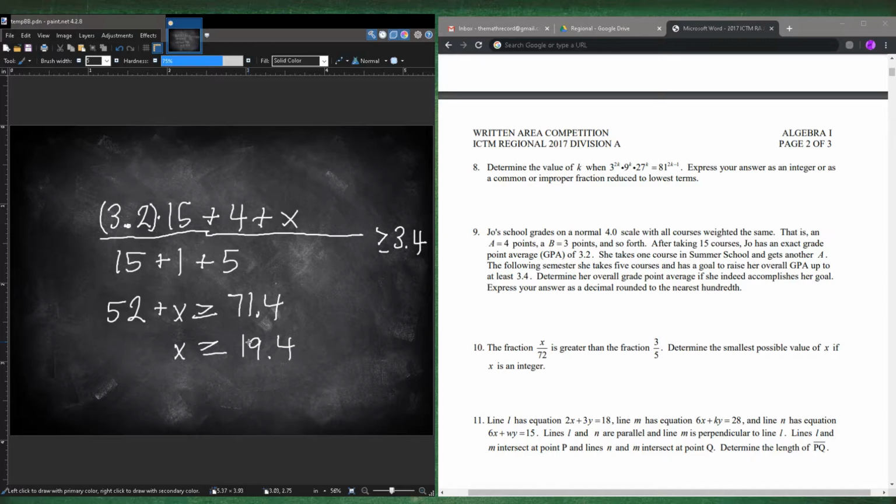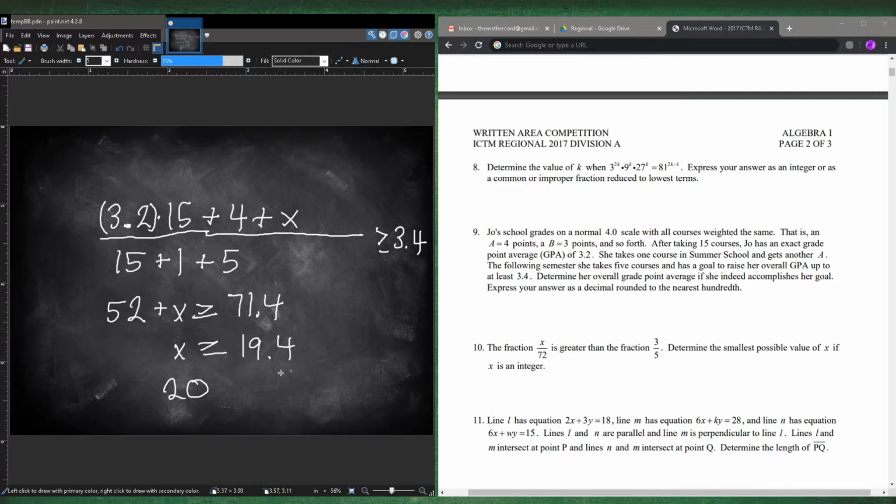So since they say determine her overall grade point average if she indeed accomplished her goal, the maximum points she could get is 4 times 5 courses. If she gets all A's in there, that's 4 times 5, because she took 5 extra courses. So the maximum amount is 20.